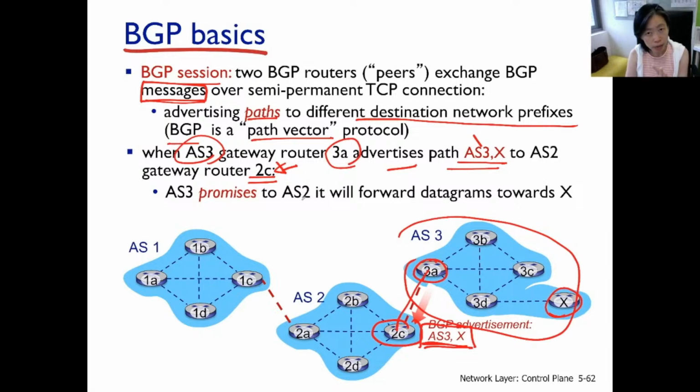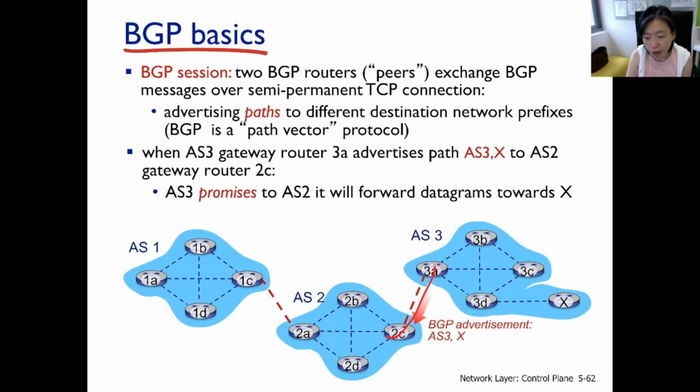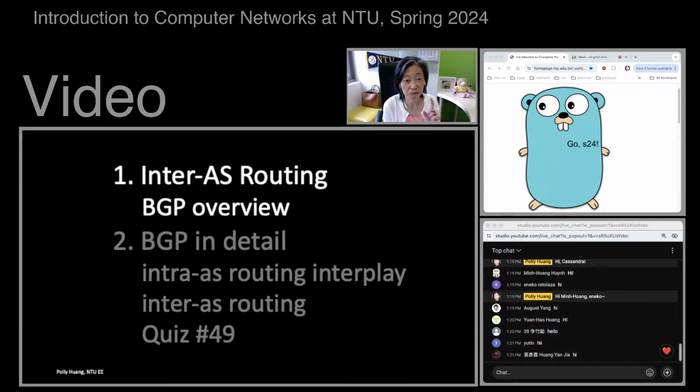When AS3 does this, it's also saying that AS3 promises AS2 to relay packets on behalf of AS2 so that it can reach destination X. Right? All right, so with that video, now you see what we meant. Reachability information is essentially the path vector, and the path vector is stored in this message called the BGP advertisement.